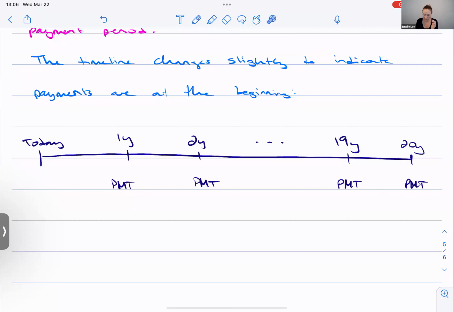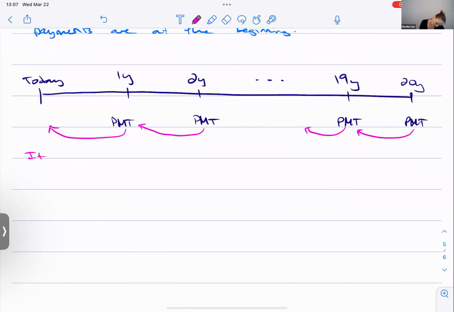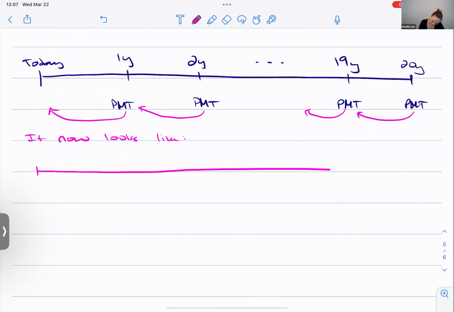And so now if this is at the beginning, then these all get shifted to here. So it now looks like this. One year, 2 years, 19 years, and 20 years.